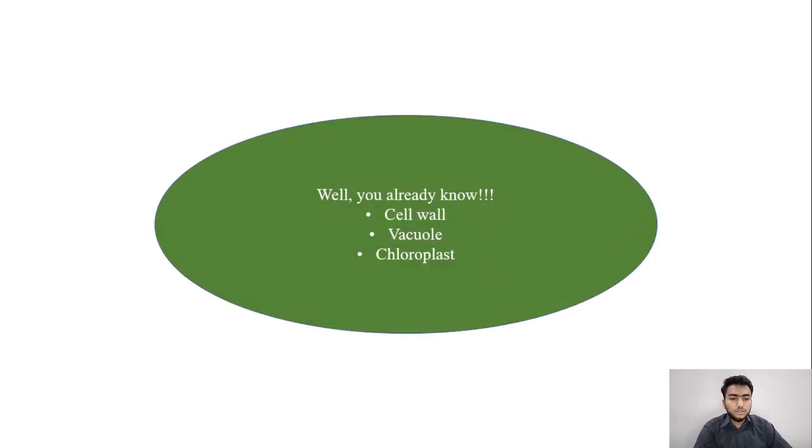So without further ado, I continue with today's lecture. These are the three most important subcellular structures which are really different and are only found within a plant cell, not in an animal cell, and we are going to discuss these.